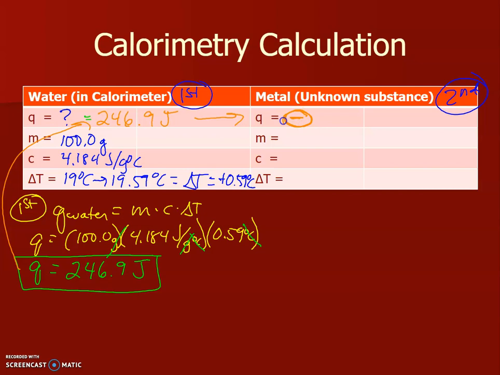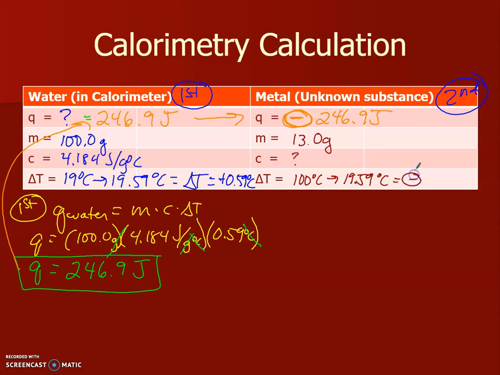So you'll see me use this negative sign here, negative 246.9 joules. Okay, the metal itself has a mass of 13 grams, that metal ring. We're looking for the specific heat of the metal, and the metal started off at 100 degrees Celsius and went down to 19.59 degrees Celsius.